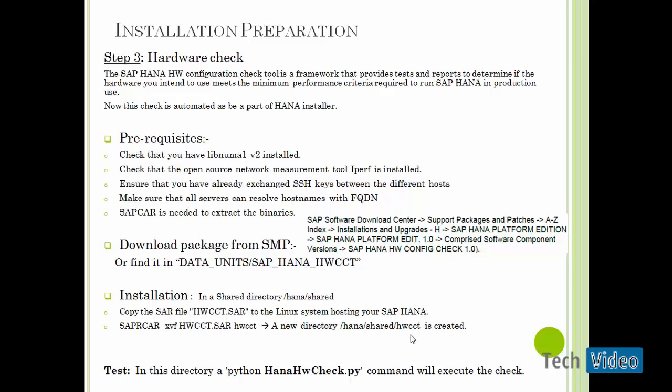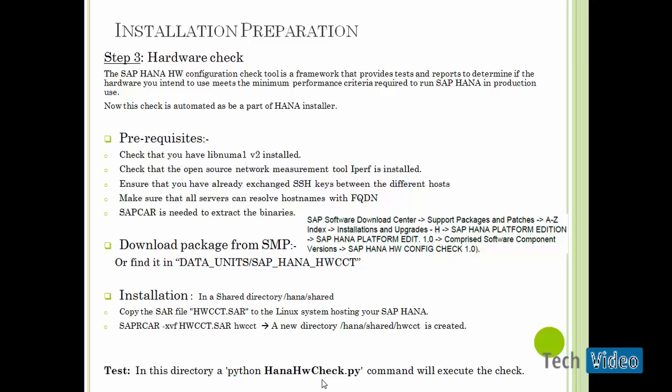Make sure all necessary permissions are there for the files under this directory. Within this directory we will have a Python script called HANA HWCheck.py, which is responsible for running the check. In this directory, using the command python HANA HWCheck.py, the configuration check will be executed and the result will be displayed.